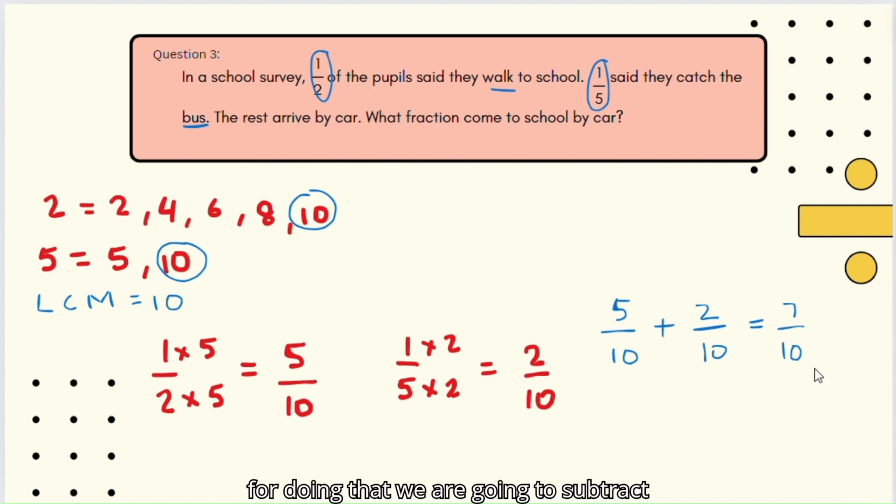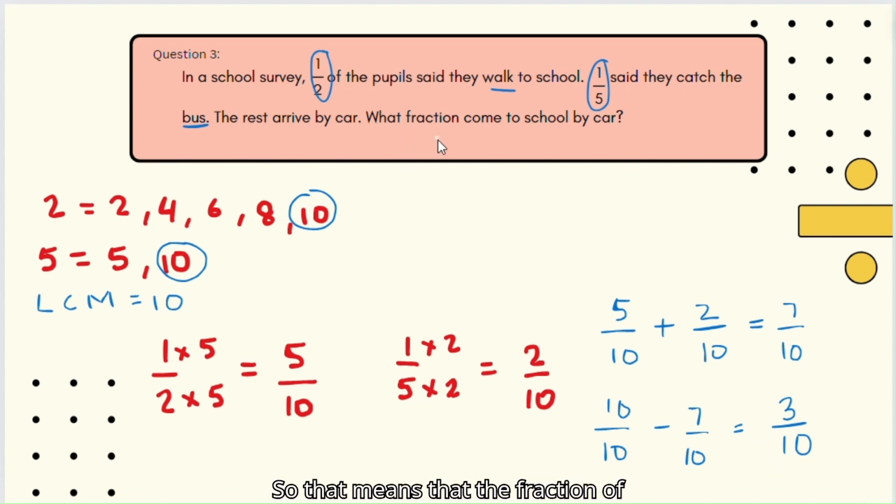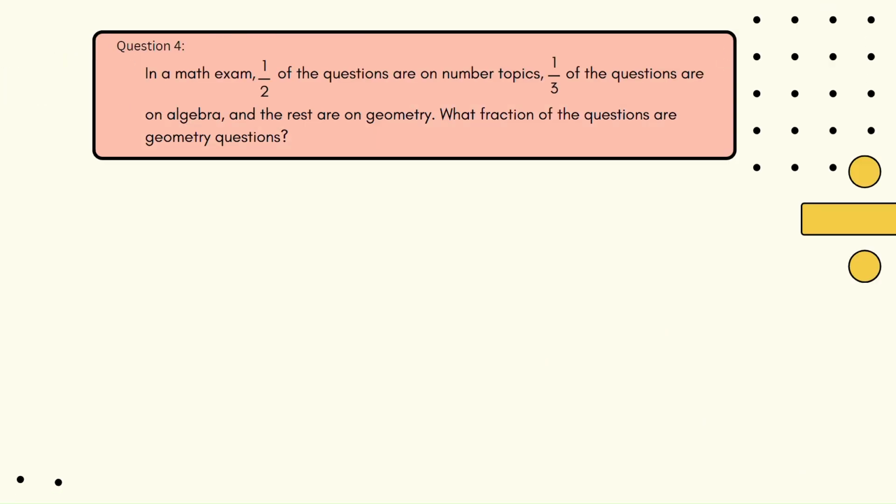To do that, we're going to subtract 7 over 10 from 10 over 10, because 10 over 10 is the total fraction of all the students together. That would give us 3 over 10. So that means that the fraction of students who come to school by car is 3 over 10.